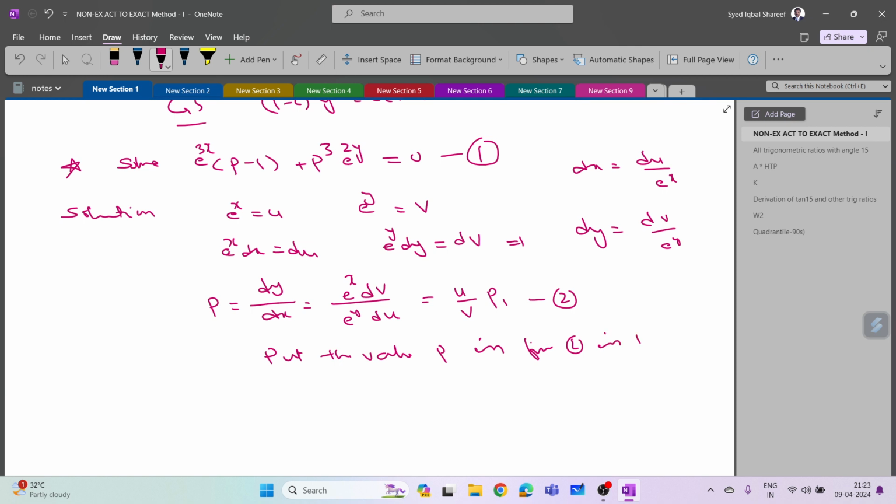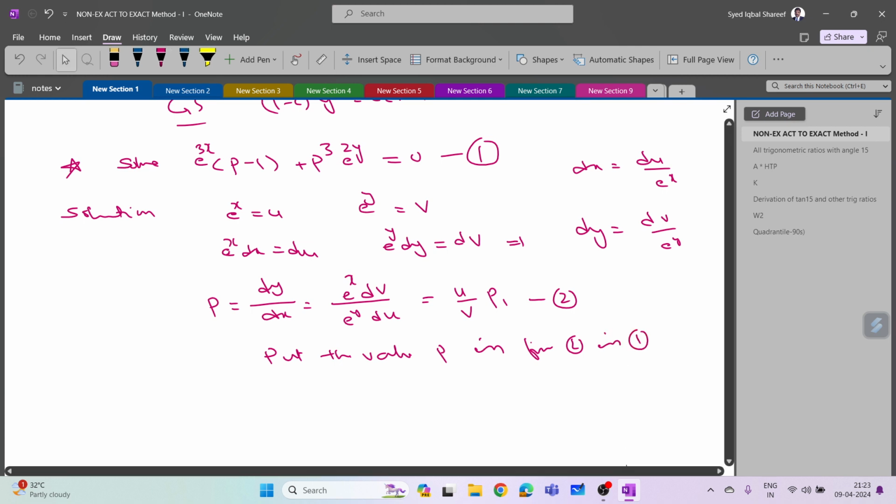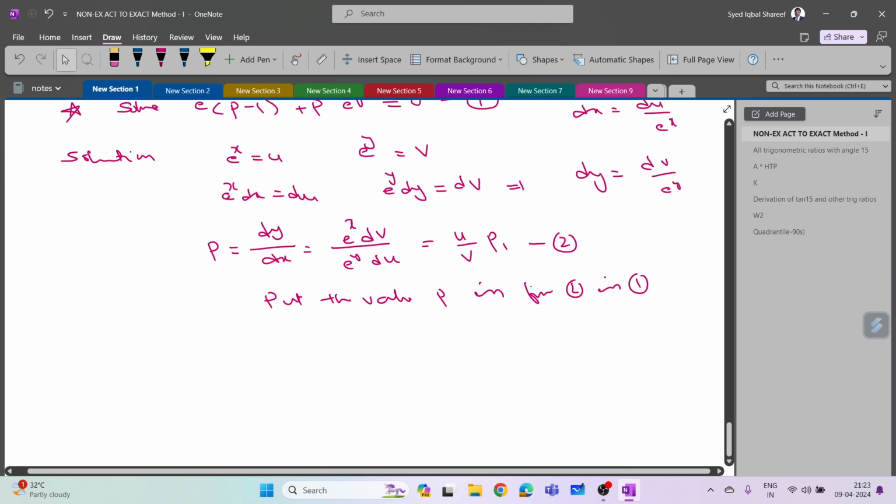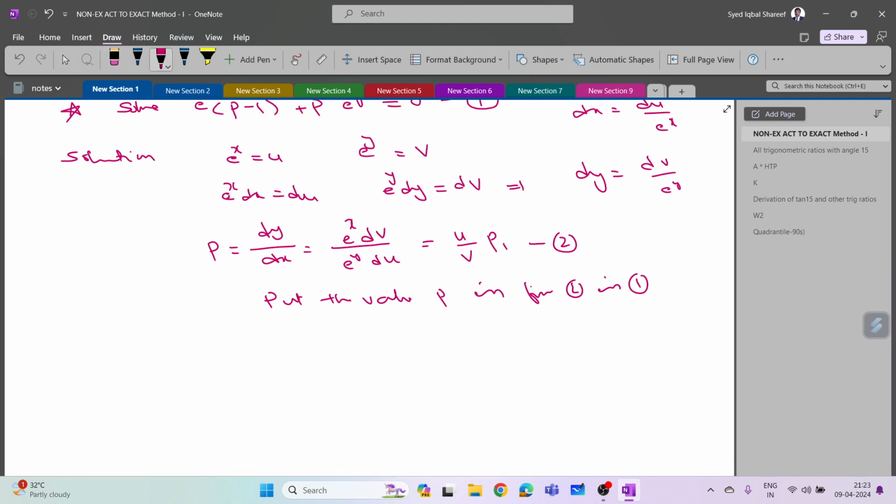So this is e to the power of 3x, and e to the power of x is u, so e to the power of 3x is u cube.